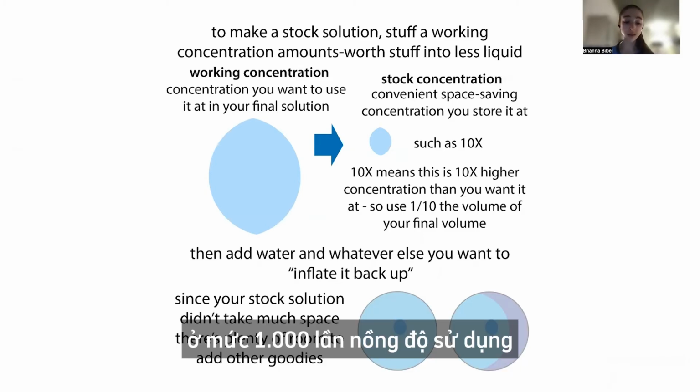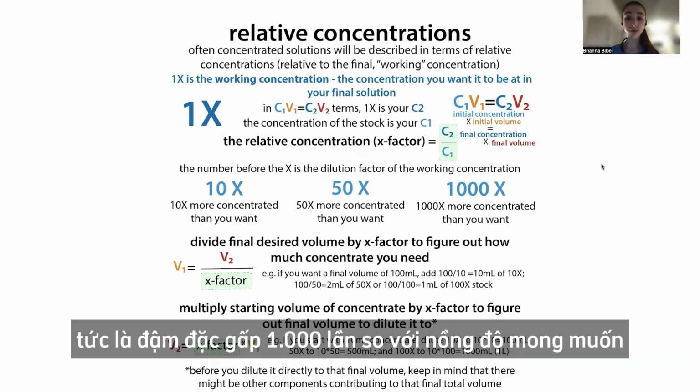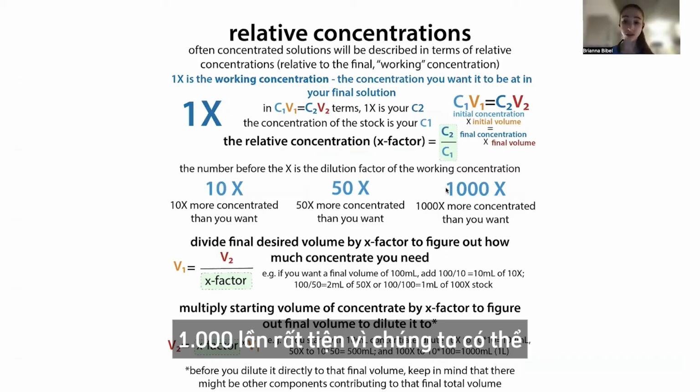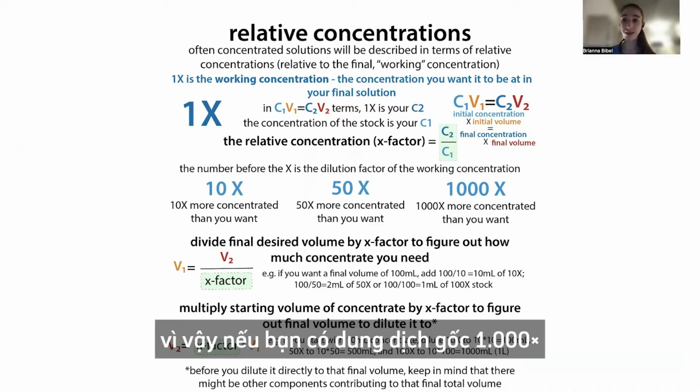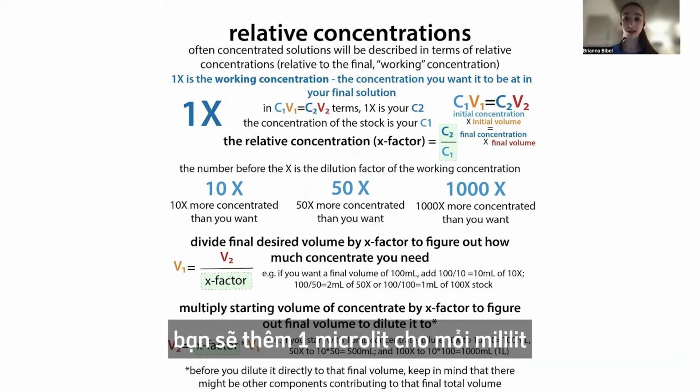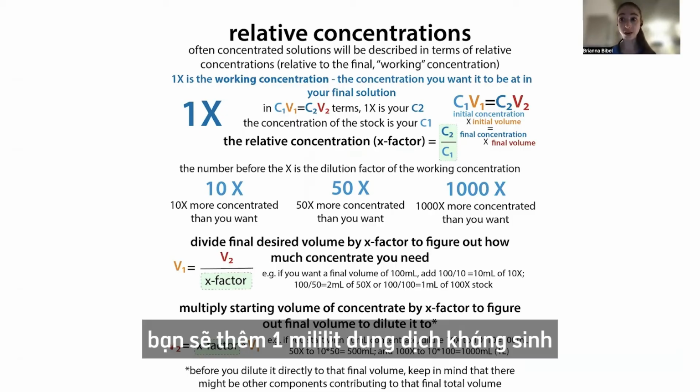It's convenient to make a 1,000-fold stock solution of these antibiotics. 1,000-fold basically is 1,000 times more concentrated than what you want. 1,000 is really convenient because we can basically add microliters per milliliter. So if you have 1,000 times X, you would add 1 microliter per milliliter. If you had 1 liter of media, you would add 1 milliliter of your antibiotic.